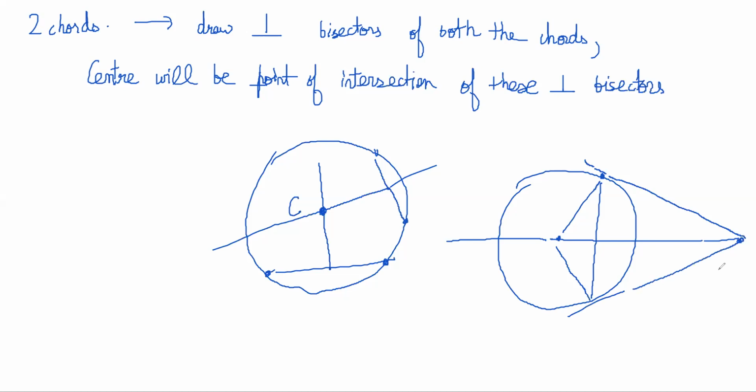This point is T, this point is O, this point is A, and this point is B. The tangent is perpendicular to the radius, so both angles are 90. So the whole triangle OBT is congruent to OAT.